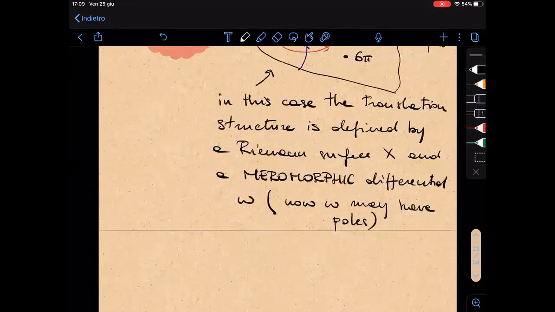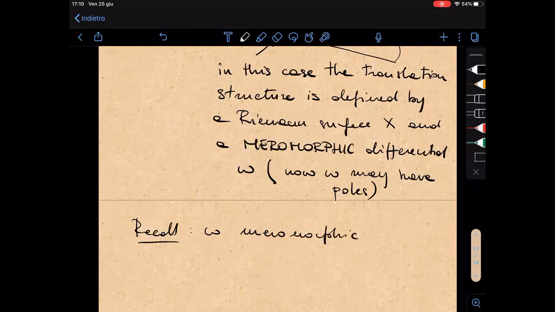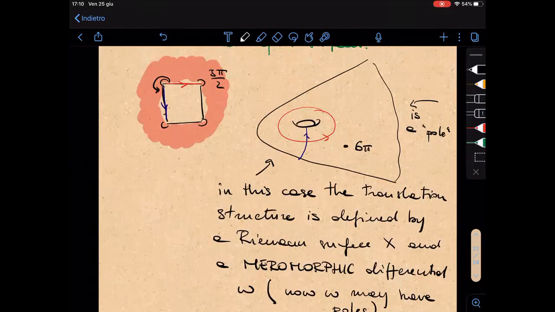Let me remind you: recall that when you have a meromorphic form, the number of zeros minus the number of poles, both counted with multiplicity, has to be equal to 2g minus 2. In this case, what happens? We have this zero, which is a zero of order 2.